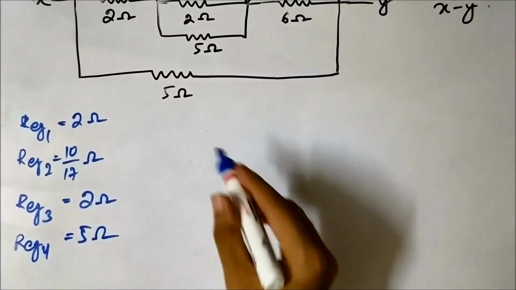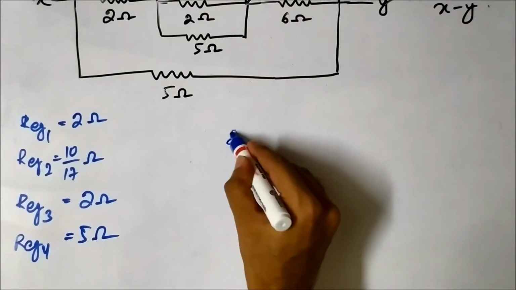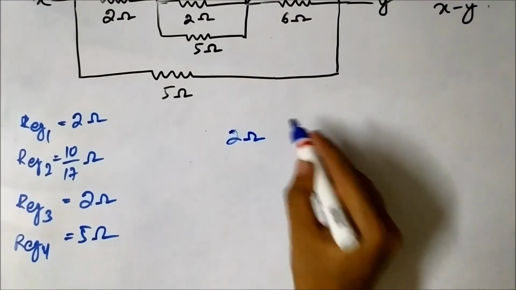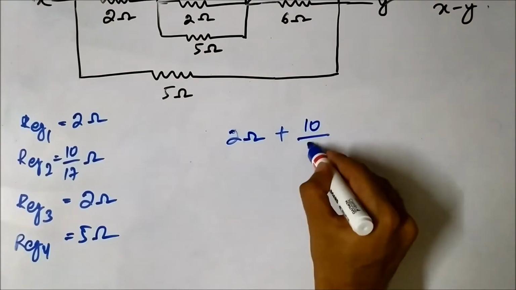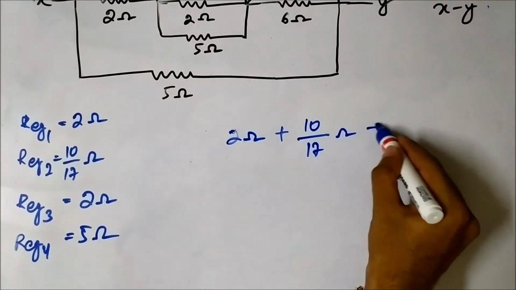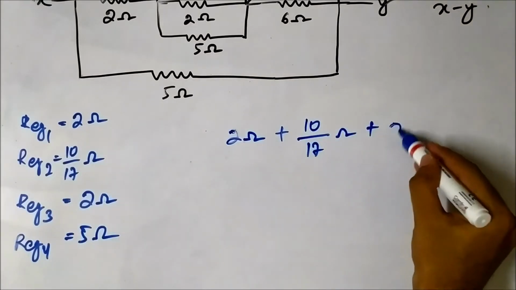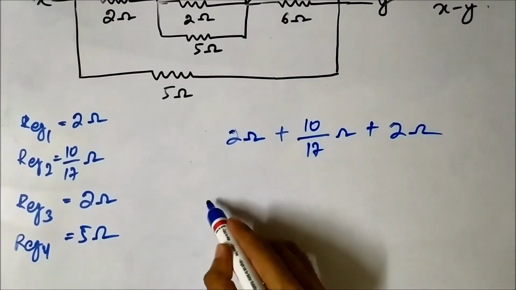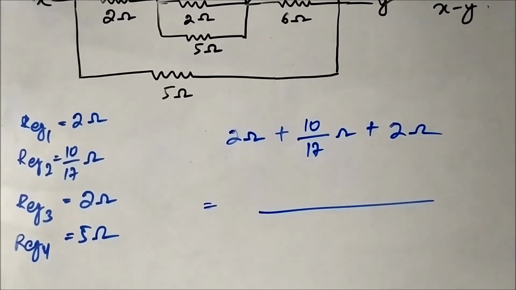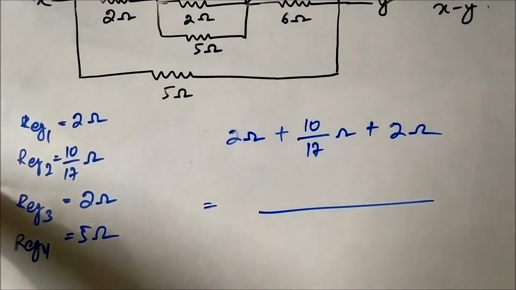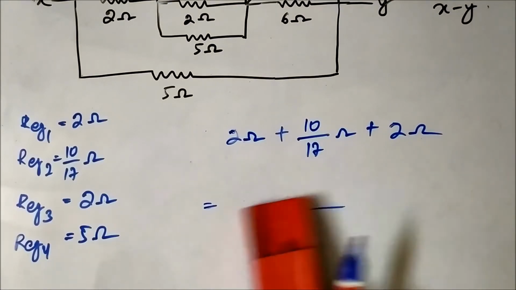So we have to add 2 ohm plus 10 by 17 ohm plus 2 ohm. Let us just use the calculator and convert it into decimal instead of doing all these things.